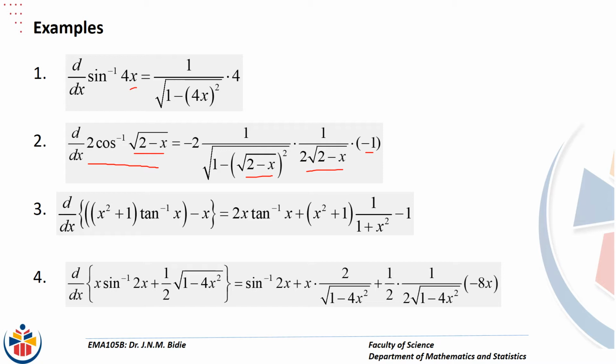So note this, the derivative of arc cos is the negative of the derivative of arc sine. If you keep that in mind, then you've got it. Derivative of arc sine of u is 1 over the square root of 1 minus u squared multiplied by du over dx, and the derivative of arc cos is minus 1 over the square root of 1 minus u squared times du over dx.